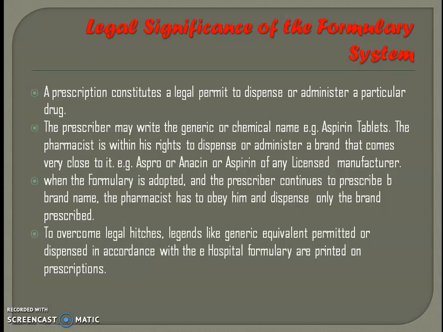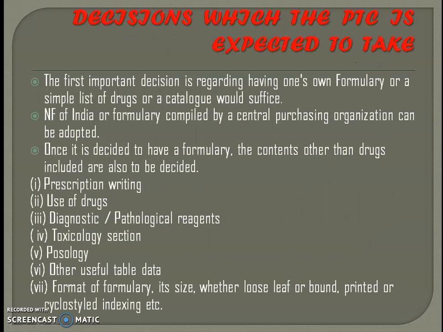Then, decisions which the PTC is expected to take. The first important decision is regarding whether to have one's own formulary, or whether a simple list of drugs or a catalog would suffice. The National Formulary of India or a formulary compiled by the Central Purchasing Organization can be adopted.